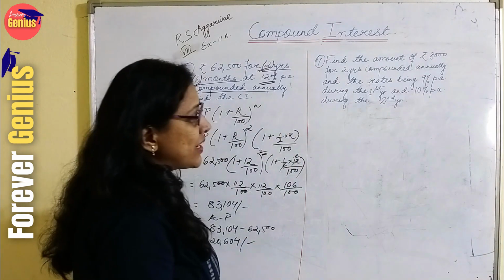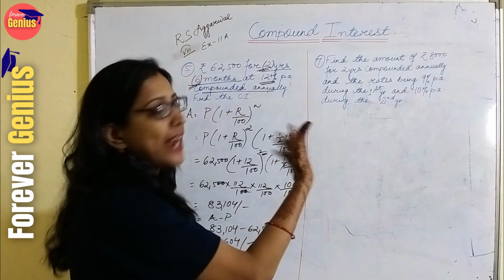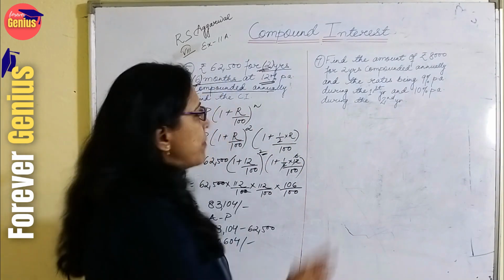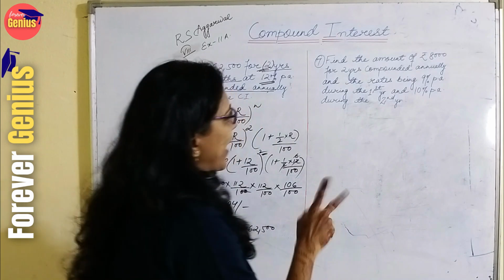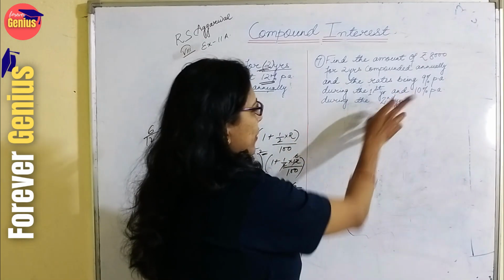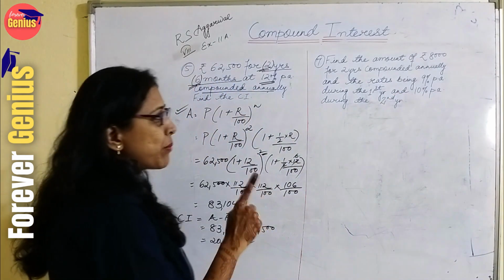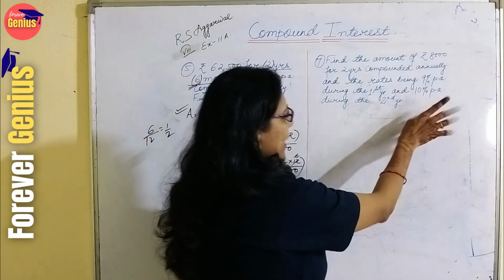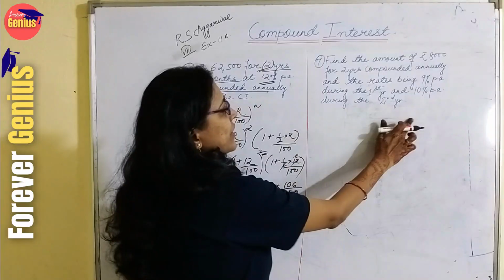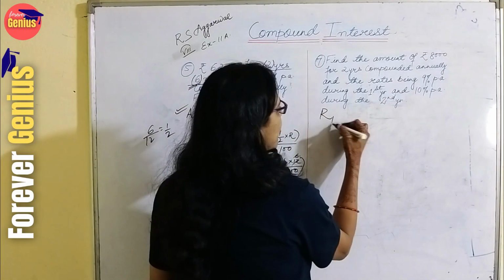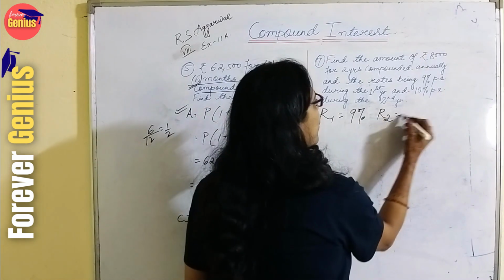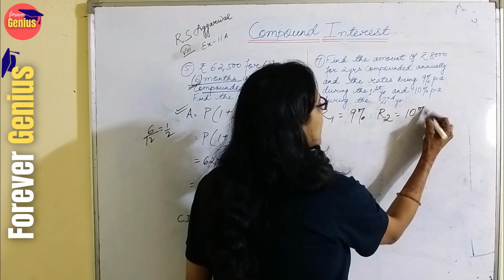Now see the next question, where different rates of interest are given to us. In this case, what to do? Find the amount of 8,000 for 2 years compounded annually and the rates being 9% per annum during the first year and 10% per annum during the second year. So rate 1 is equals to 9% and rate 2 is equals to 10%.